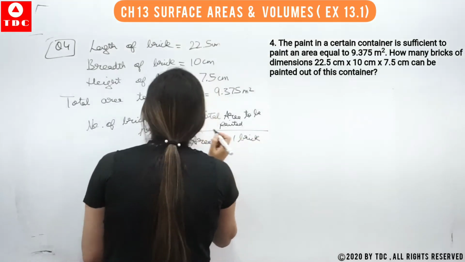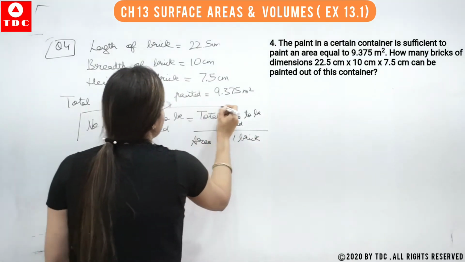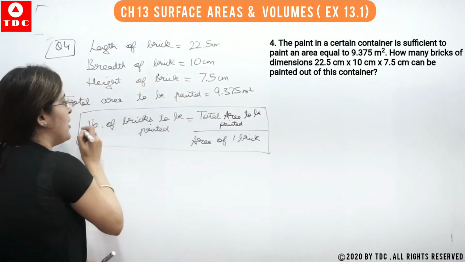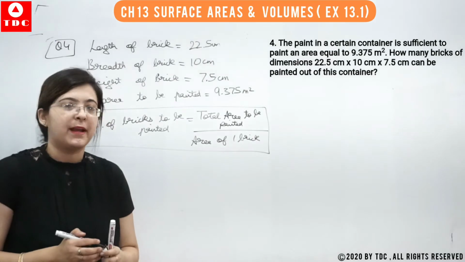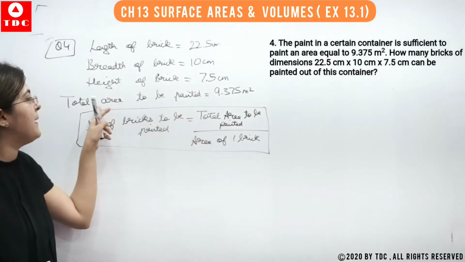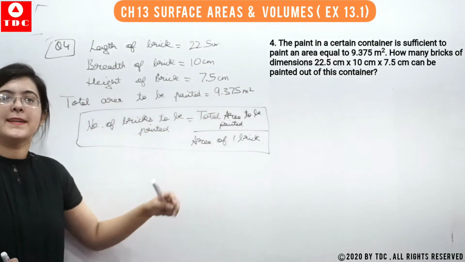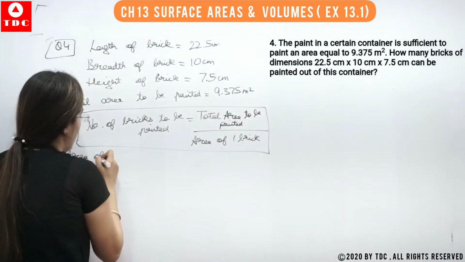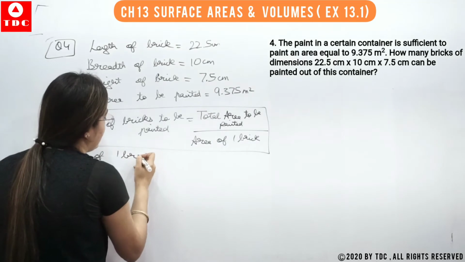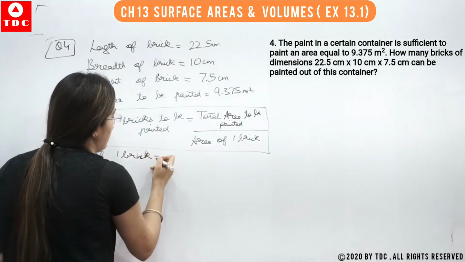This is the formula. So the total area to be painted we already know. So let's find out the area of the brick first. What will be the area of 1 brick? The brick is in the shape of a cuboid.